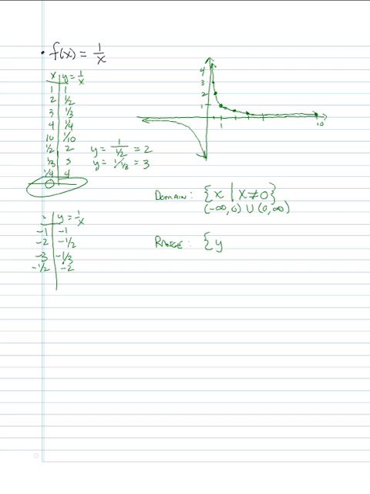Well, we have y's going up, up, up. We have y's going down, down, down, but we have no y that's ever 0. So here we would have y is not 0. It can be any other number. And so that would also look like -infinity, except these are y values. So this is vertical. -infinity up to a y value of 0, union from a y value of 0 to positive infinity, but we're leaving out the y value of 0.